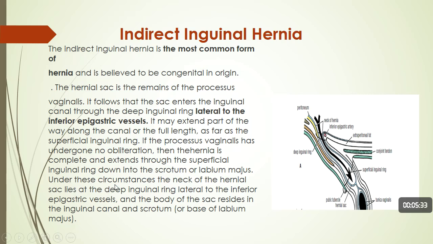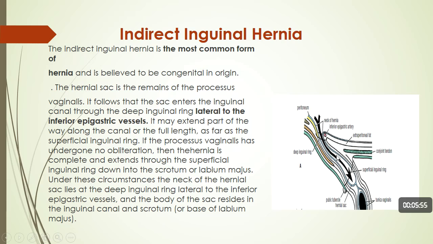Under these circumstances, the neck of the hernial sac lies at the deep inguinal ring lateral to the inferior epigastric artery, like here, and the body of the sac resides in the inguinal canal and scrotum or base of labia majus.